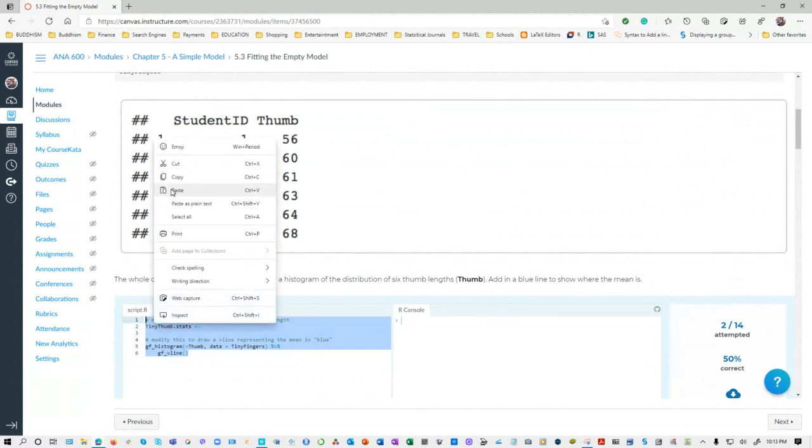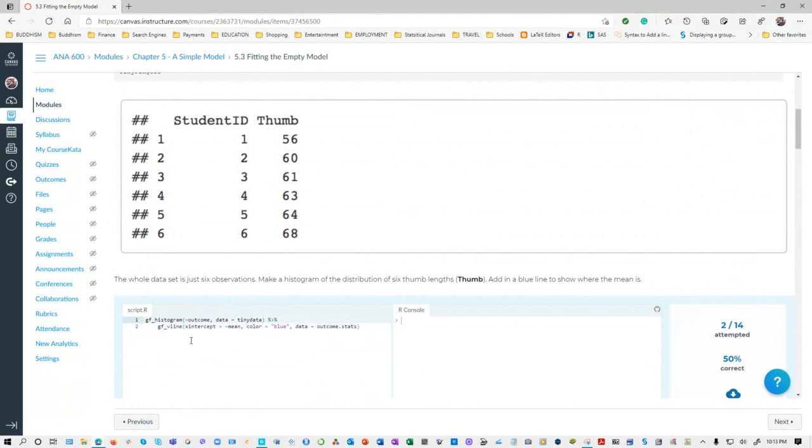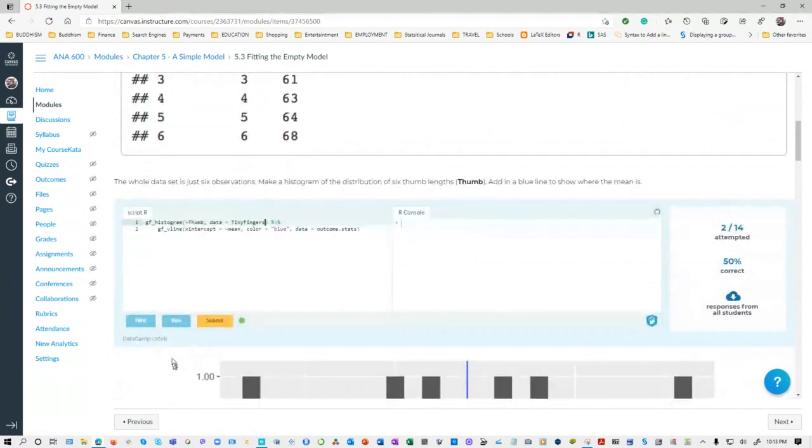Okay, thumb for tiny fingers, thumb from the tiny fingers, x-intercept mean. What is this?